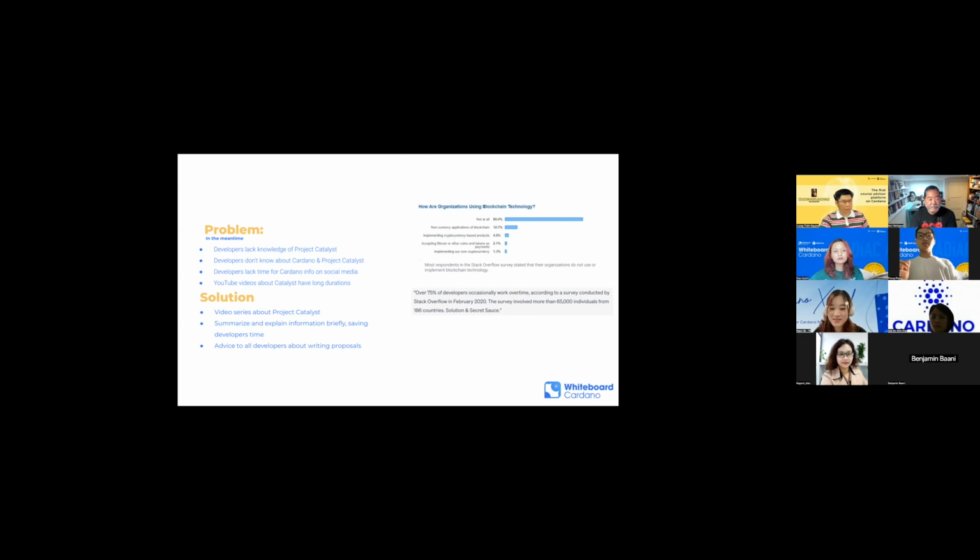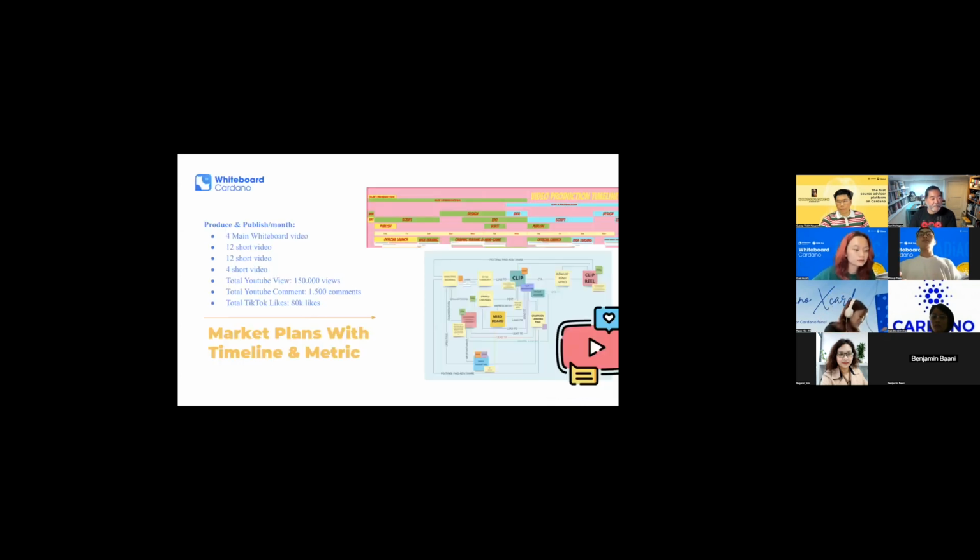Our Catalyst project video series leverages the two main social platforms commonly used by developers, YouTube and Reddit, to deliver information and communicate about the Catalyst project. We aim to inspire developers with their initial project that can contribute to the community and enter the blockchain industry.